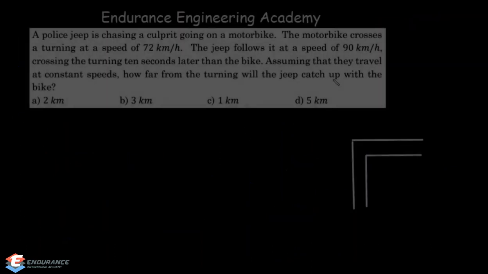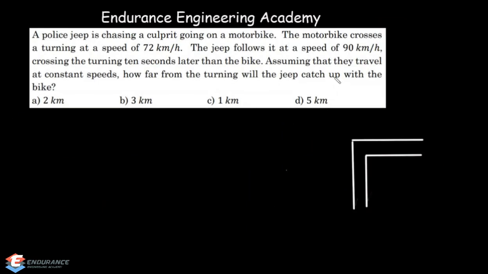Okay, so let us discuss another question from kinematics of particles. We are discussing the concepts related to the three equations of motion which we derived, right? A police jeep is chasing a culprit going on a motorbike. So there is a culprit who is going on a motorbike, and police is coming in a jeep.